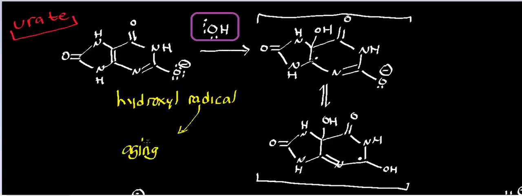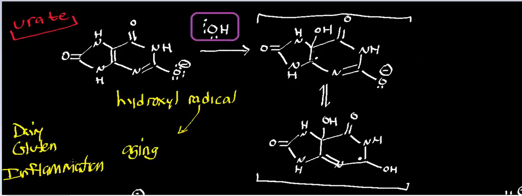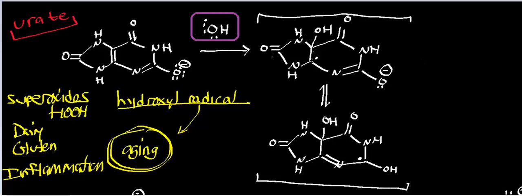If you eat lots of inflammatory foods, dairy is an inflammatory food, gluten's an inflammatory food, so anything that promotes inflammation, then you're getting hydroxyl radicals. You're also getting superoxides and hydrogen peroxide. It's a well-established fact that these things produce aging. Let me circle that in red because it's bad. These produce aging properties.